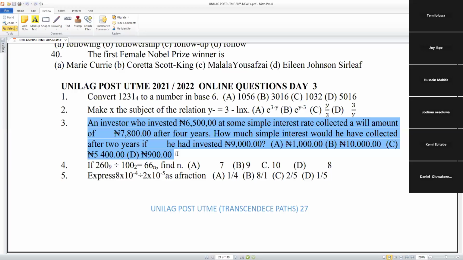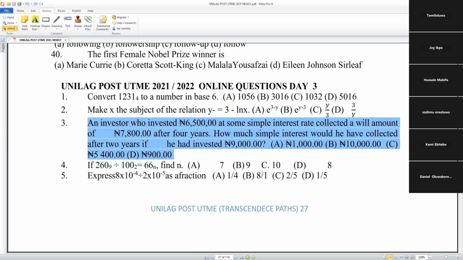So the principal here will be equal to 6,500. The investor invested 6,500 at some simple interest rate, and it will amount to 7,800. I hope you are seeing the question.